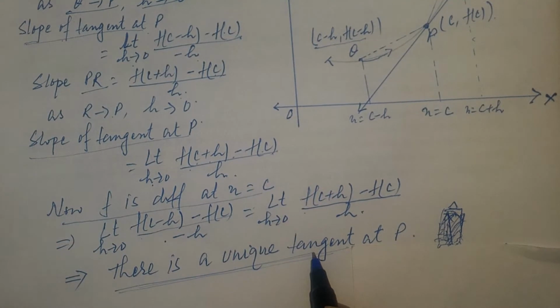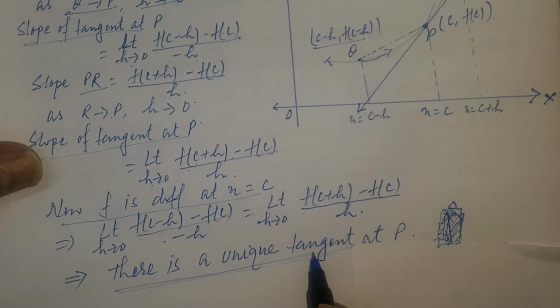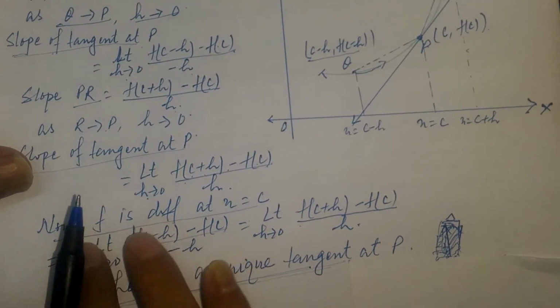So here we should understand that the curve should be smooth. There should not be corner points. If you have corner points, you will have multiple tangents. You cannot have a unique tangent. In that case, we will say the function is not differentiable. This is what we understand geometrically by the derivative of a function at a point.